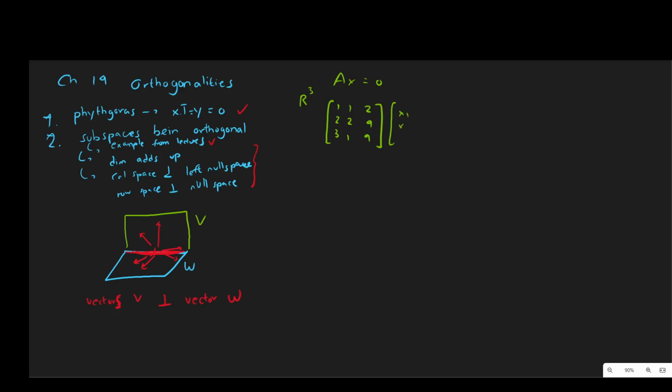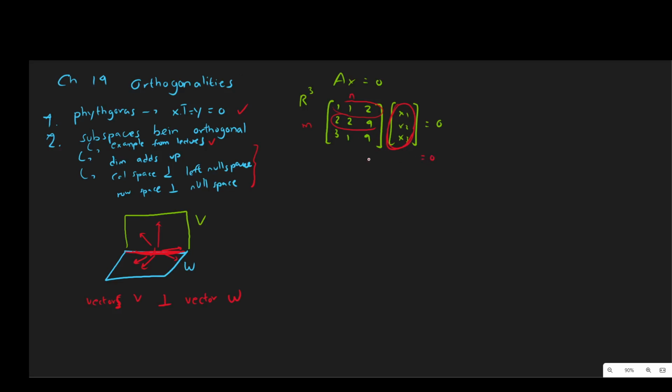Then there is the null space of A, the solutions x, and this will be 0. What I'm doing here essentially is this. If you notice, what we have been doing so far is computing the dot product of this row vector with this one, and then the second one with this one, which means we are computing all the possible combinations of these rows and taking the dot product with this vector, and we want them to be 0.